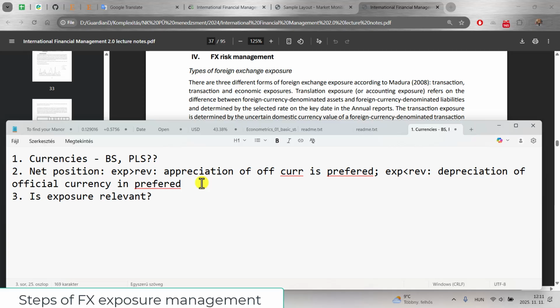The overkill way is when we are checking what happens if we are changing the exchange rate, and does it have an impact on the value, on the probability of default. If not, then it's not relevant. If it's still relevant, then we have to think about this.